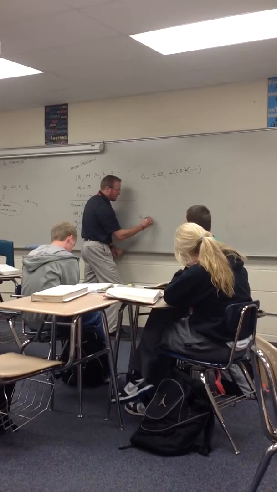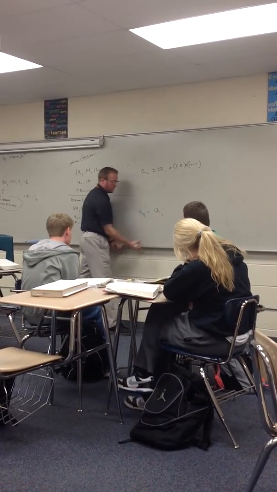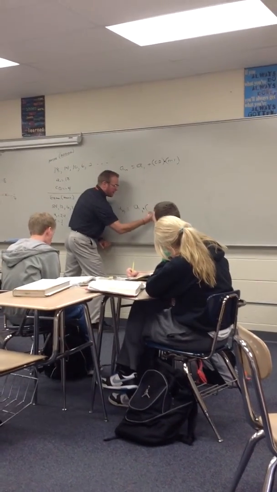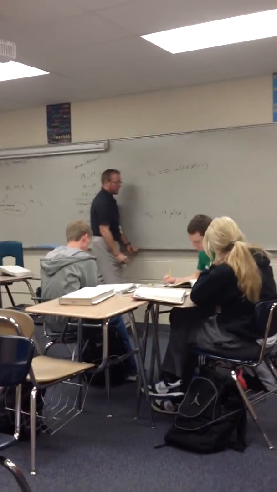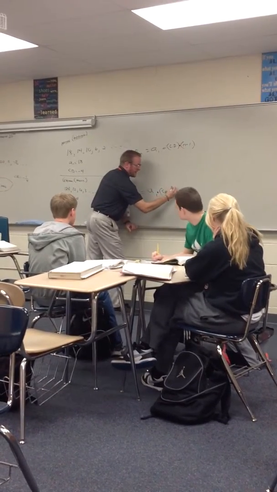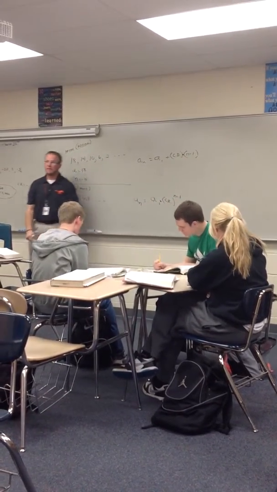And that looks really close to today's. To find the nth term, you take the first term. Instead of adding the common difference, you're timesing by the common ratio. And instead of having the n-1 multiplied to it, it's now the power of it. They look a lot alike.